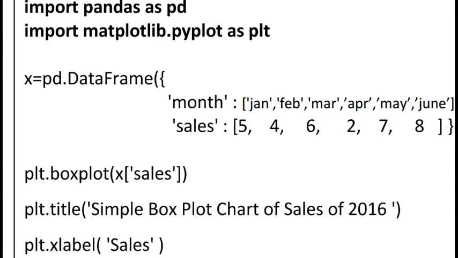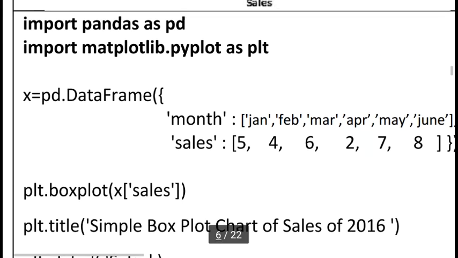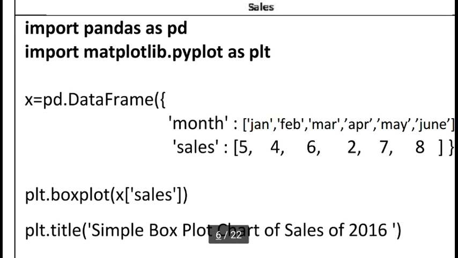Month is our first column, with the values Jan, Feb, March, April, May, June, and sales is our second column. We can also say this is our key. Then 5, 4, 6, 2, 7, 8. So I already discussed the complete table and converted it into data frame X. But here, because in a box plot we always use a numerical column, the numerical column here is sales.